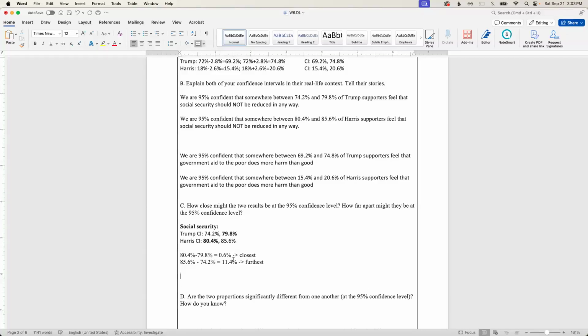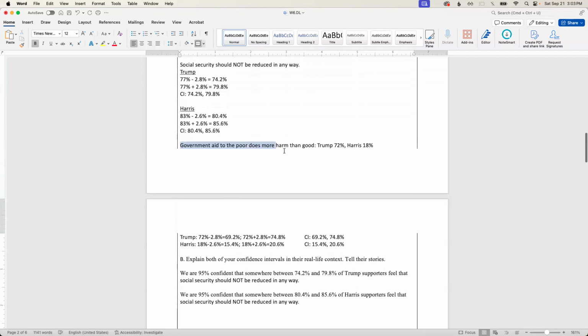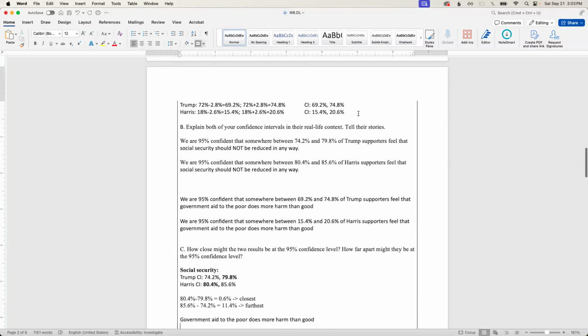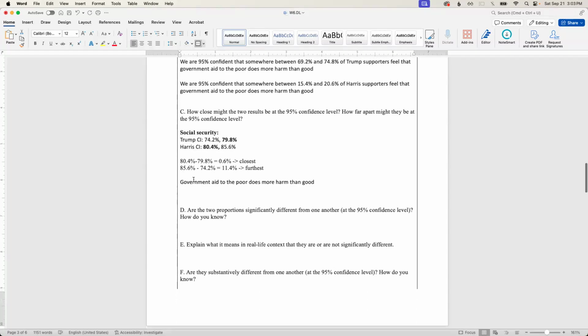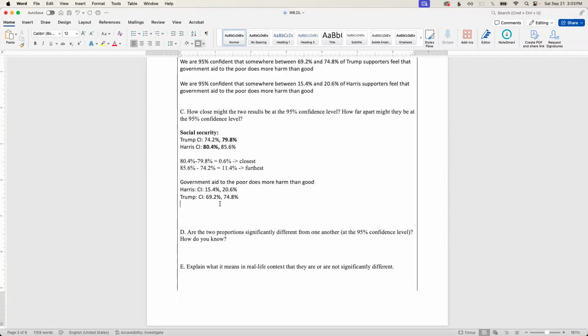Okay. If we looked at the other one, government aid to the poor does more harm or good, you can see this time the Harris one is to the left of the Trump one, right? And so if we look, how close could they be? So the closest would be if this one was as high as it could be and this was as low as it could be.